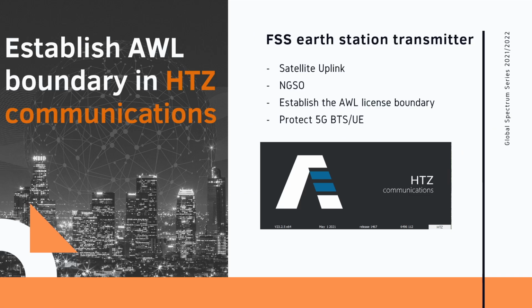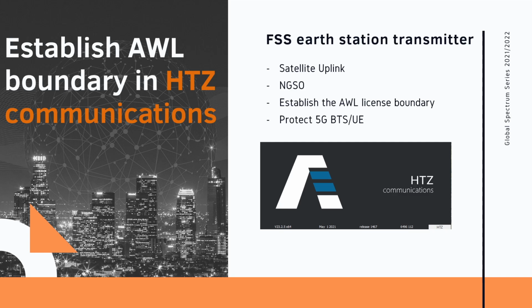Now let us see a real example to better understand the modeling requirements for the establishment of the AWL boundary for the case of FSS Earth Station transmitters on the 28 GHz band.